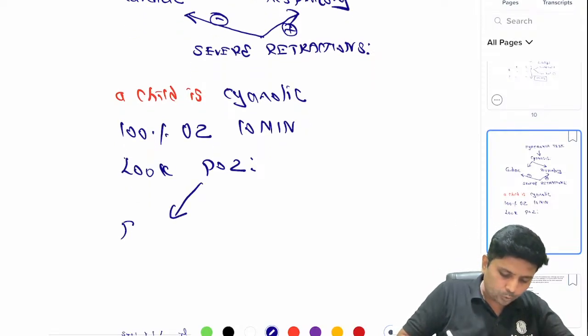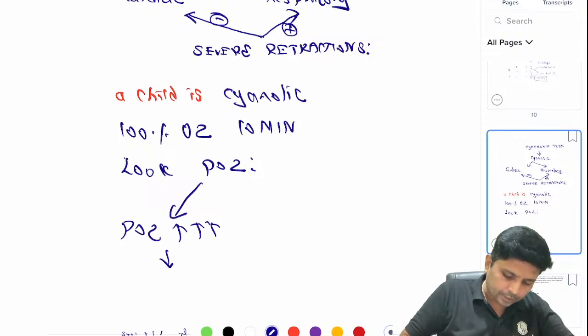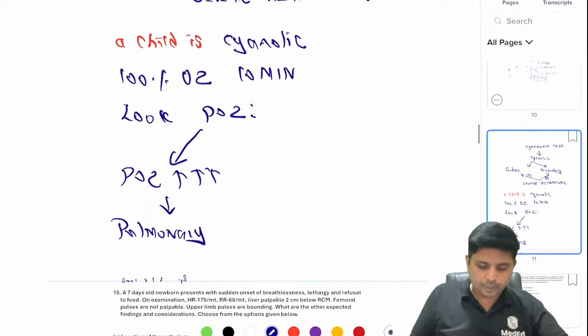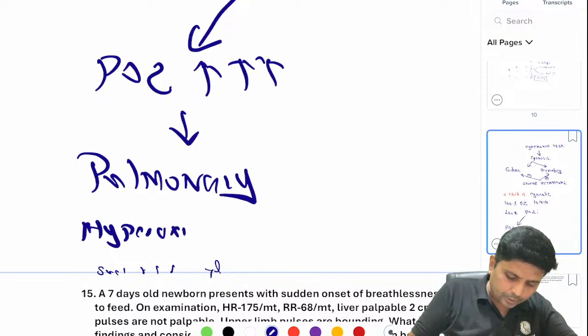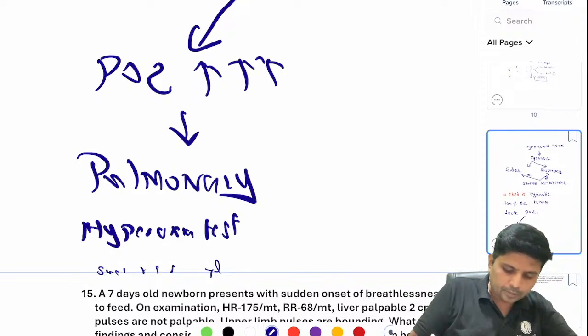If PO2 increases, it is pulmonary. So this is hyperoxia test pass. Pass means pulmonary.